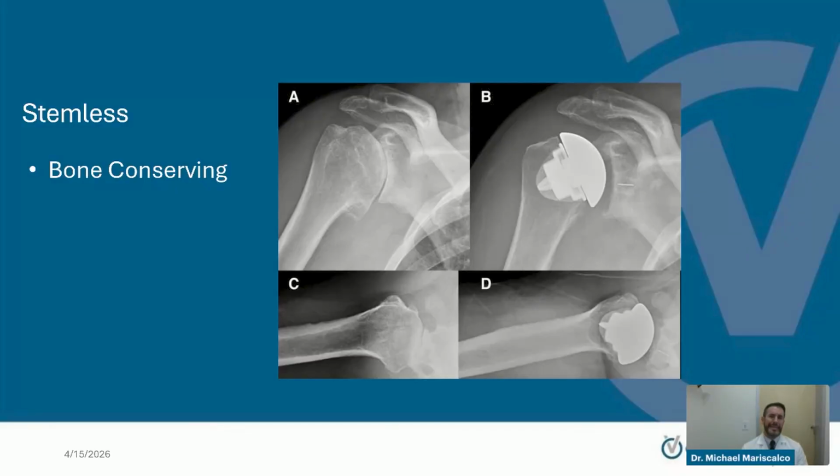And so I think not having to actually put a long stem in the shaft, if the bone quality is sufficient along the head region, is a beneficial thing to consider. And as I showed earlier, these newer designs allow for adaptability, as we'll see on the next slide.